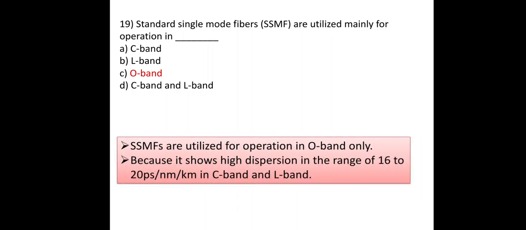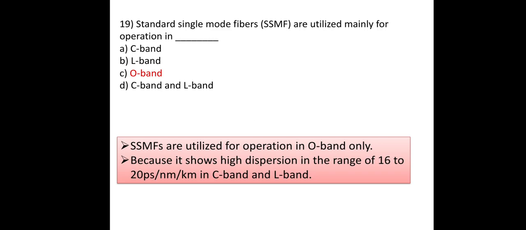Next question. Standard single mode fibers, SSMF, are utilized mainly for operation in option A, C band, option B, L band, option C, O band, option D, C and L band. The correct option is O band.